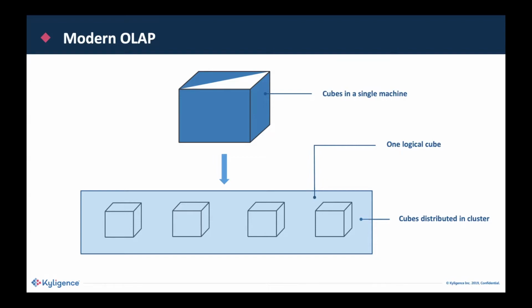Okay, so we have a new cube that can be very large, unlimited in capacity, and can accommodate many dimensions. Since this cube may be very, very large, it will cause the processing speed to become very slow in the traditional OLAP tool.